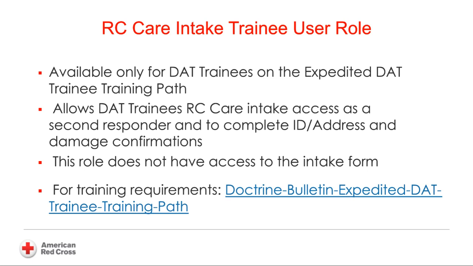With respect to RC Care, we have developed an intake trainee user role. By having that user role, these trainees are able to access what they need to become that second responder and do the things I just described. So take a look at that bulletin, that's where you can find the information, and certainly let us know if you've got any questions.